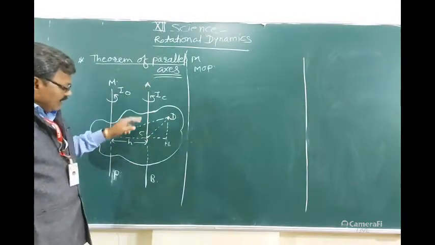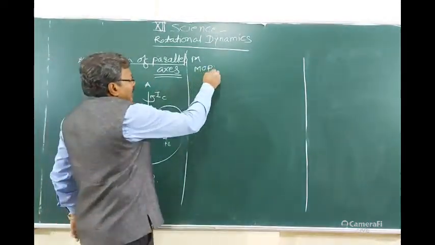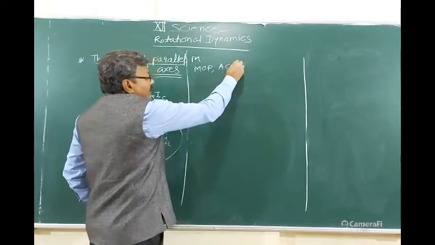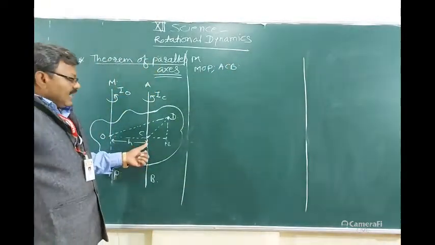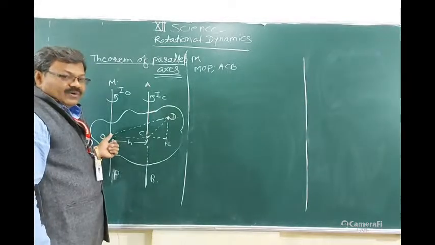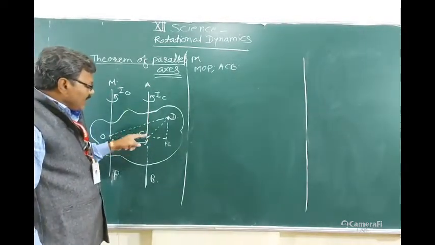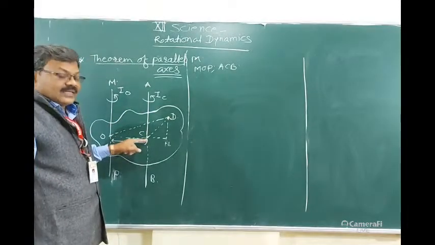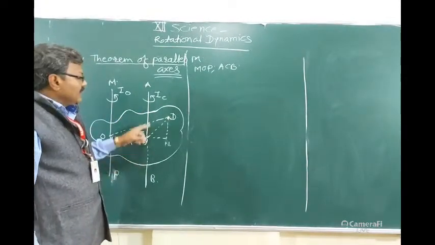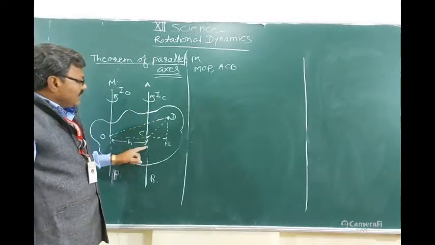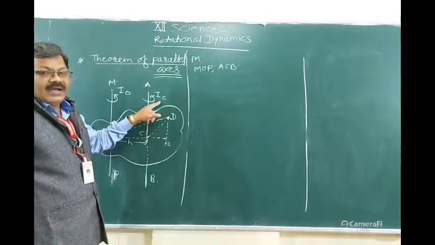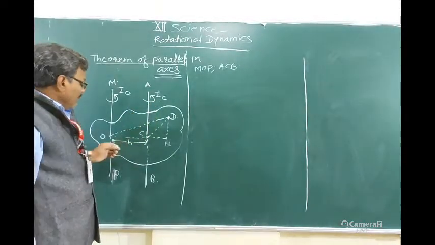Another axis is ACB. It is the axis parallel to the given axis and passing through the point C, and the moment of inertia about this axis is represented by IC.